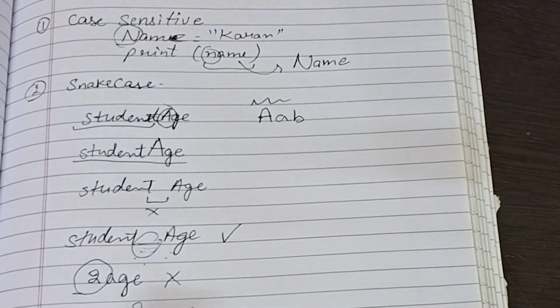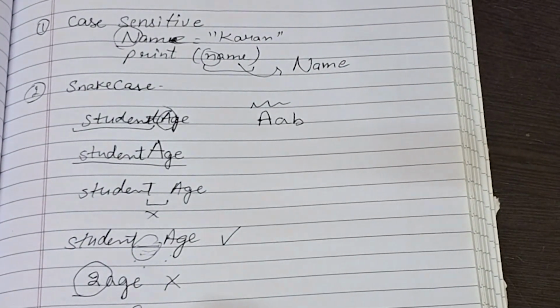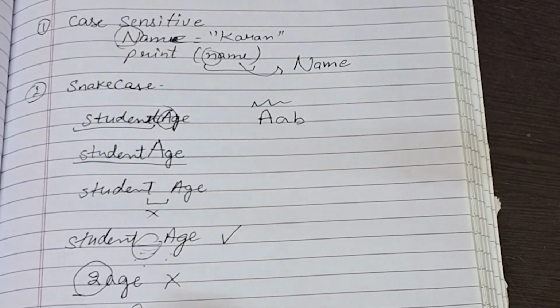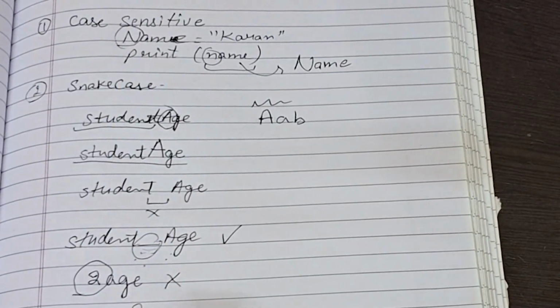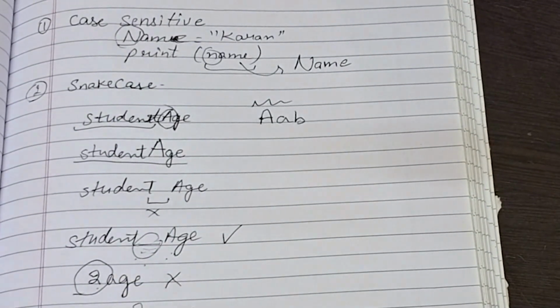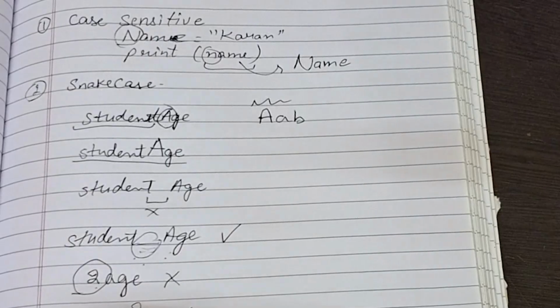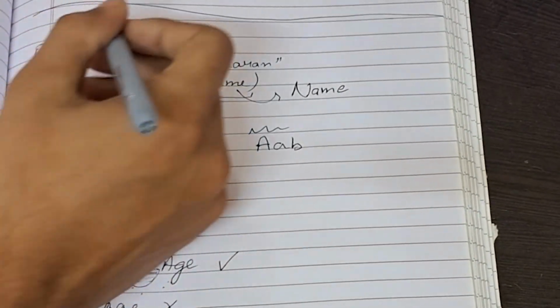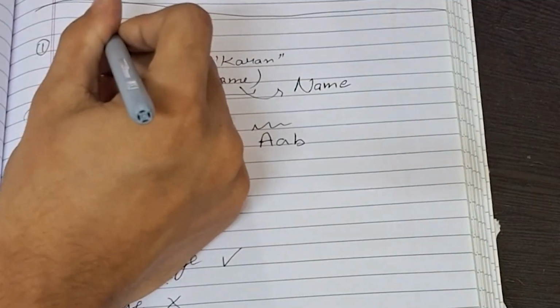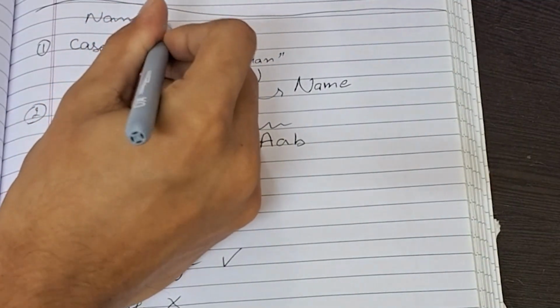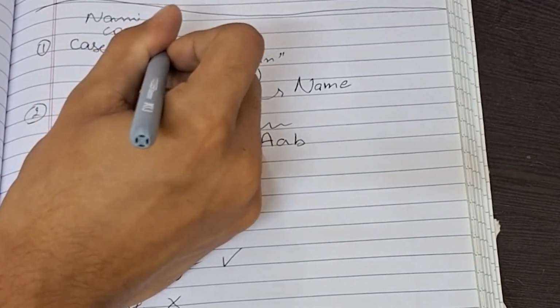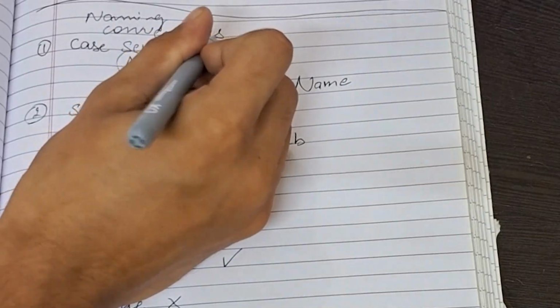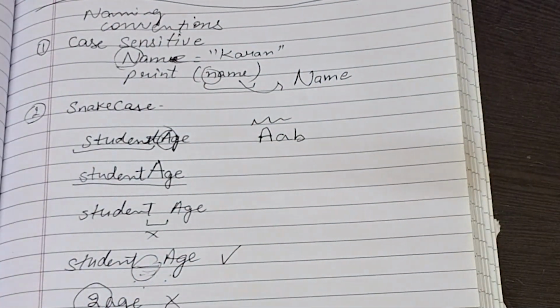This is valid. A number can come after some characters, but you cannot specify 2 in front of a name. So this is wrong. So this was all about naming conventions. You need to keep these rules or conventions in your mind while writing variable names.